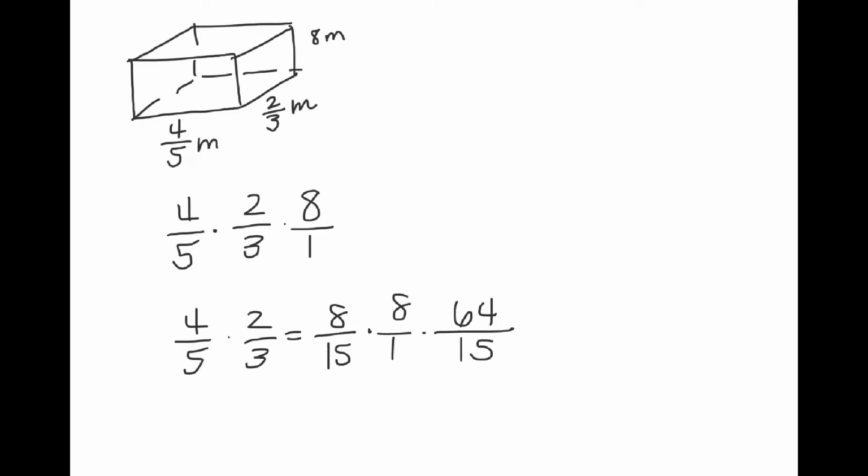We can't really simplify top and bottom, but we can turn this into a mixed number. 15 goes into 64 four times. 15 times 4 is 60. We get remainder 4. So 4 and 4/15.